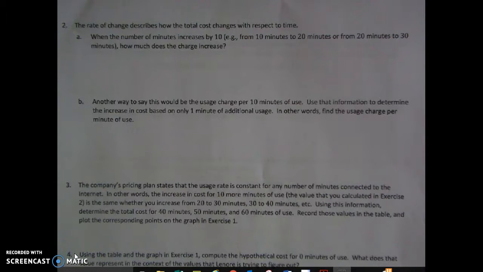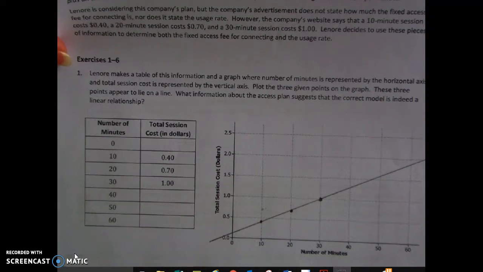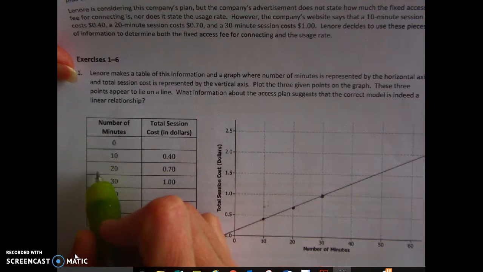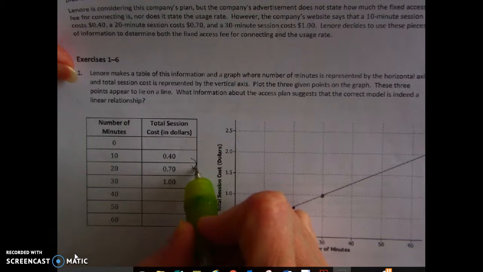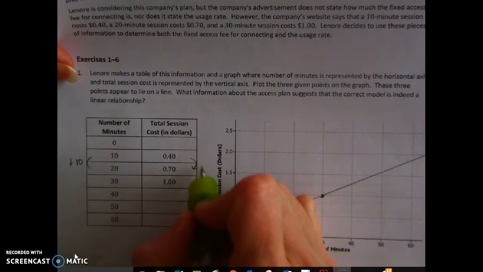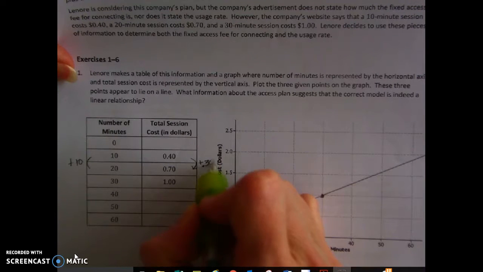All right, question 2, part A says, when the number of minutes increases by 10, how much does the charge increase? So when we went from 10 minutes to 20 minutes, how much did we increase here? When we increase by 10 here, how much do we increase by here? A change of 10 here increases by 30 cents here.